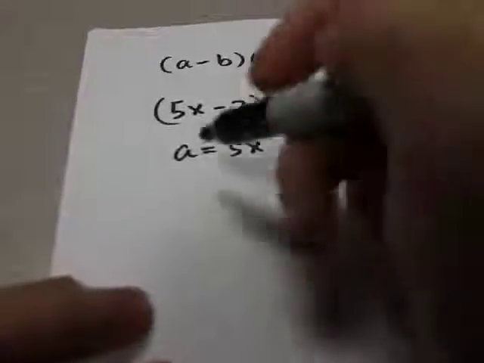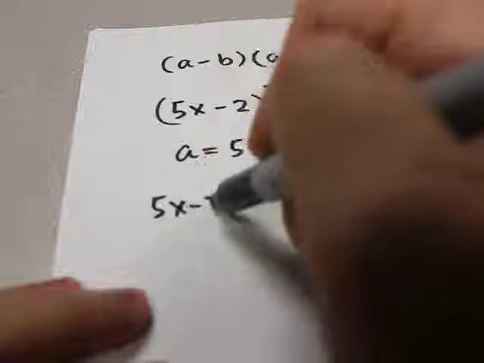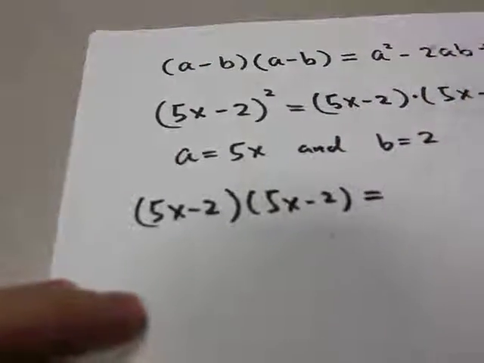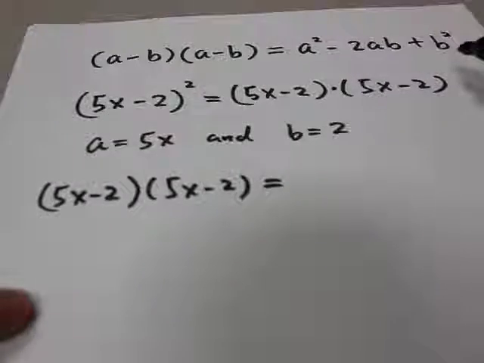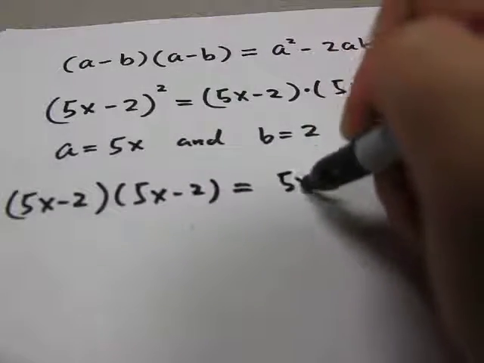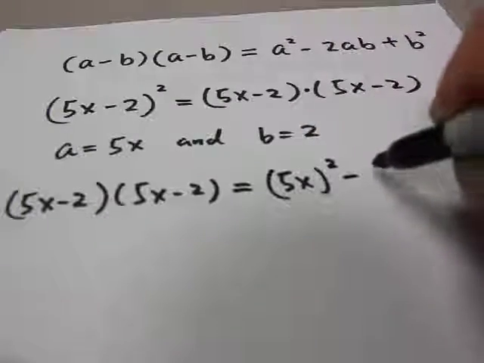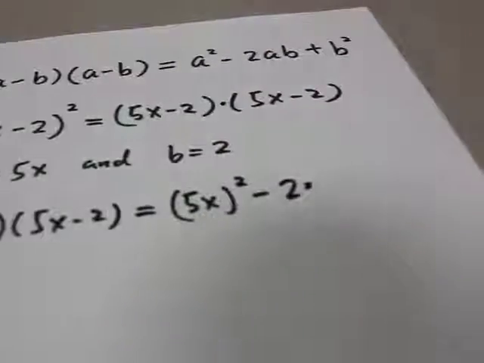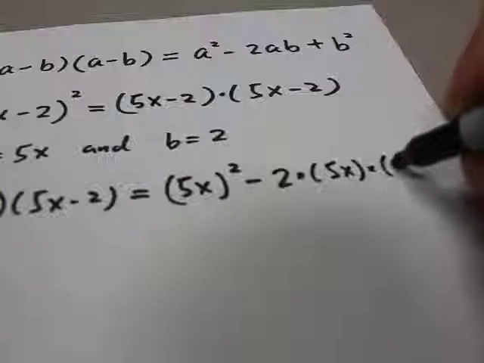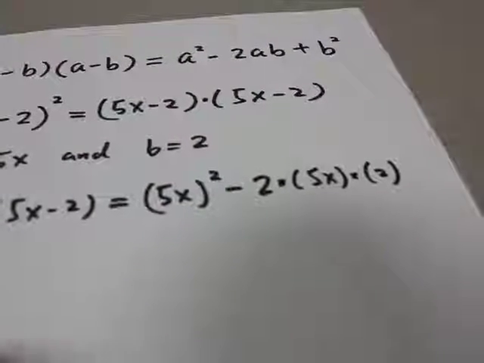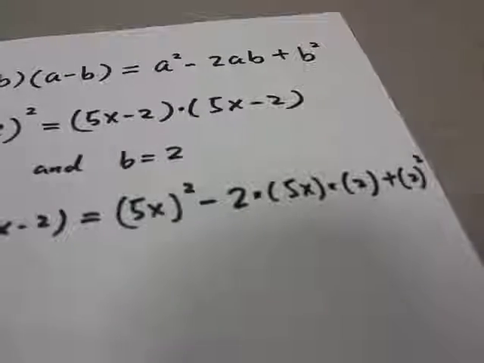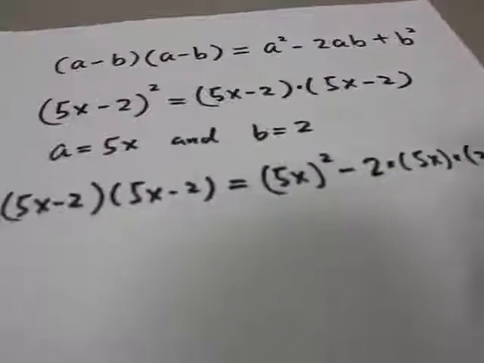Therefore, according to this formula, the result should be 5x squared minus 2 times 5x times 2, and plus 2 squared.